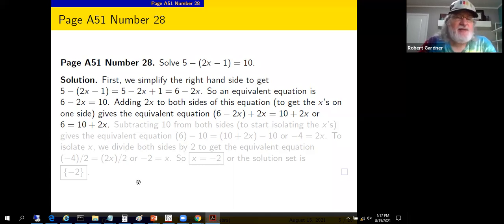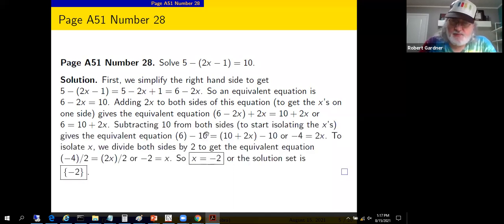Okay, we're trying to get x by itself. Well, now there's a 10 in the way. Well, get rid of it. Subtract 10 from both sides, giving us 6 minus 10 and 10 plus 2x minus 10. The 10s on the right-hand side cancel. On the left-hand side, we've got 6 minus 10 is negative 4, producing this equivalent equation.